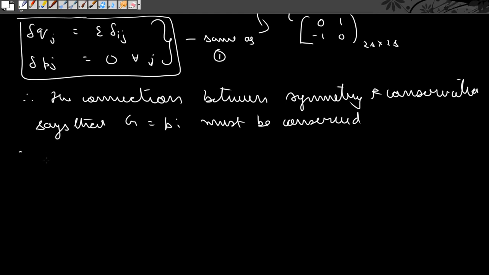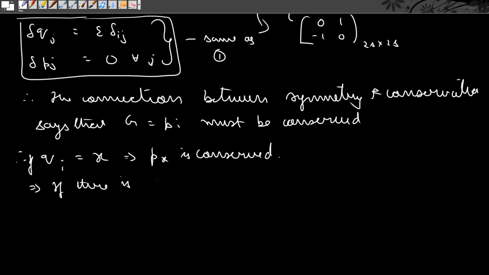Okay, so therefore if, let's say, qi is equal to the x coordinate, this implies that the x component of the momentum is conserved. Okay, so this implies if there is translational symmetry along x-axis.